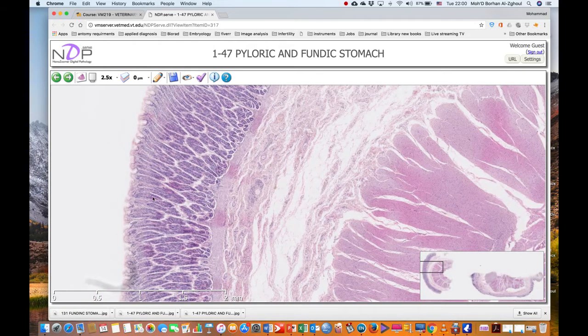All area here contains the gastric gland. This is the surface lining epithelium. At the area here, we have the gastric pits, and from this area to this area is called the gastric gland, and we have different types of cells.